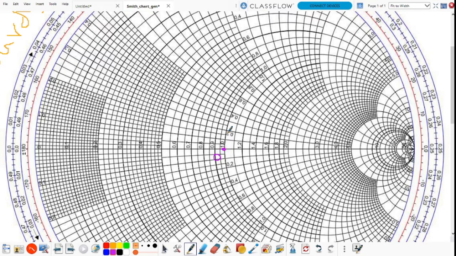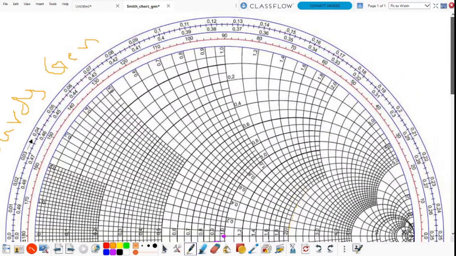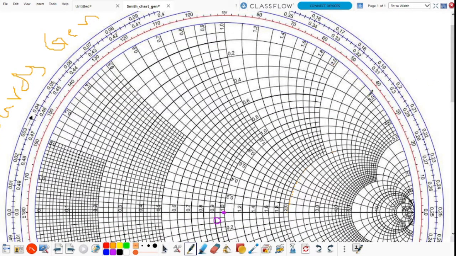The normalized load impedance z_r is equal to 2 plus j2.42. R equal to 2 is this constant circle, and the reactance value is 2.42, approximately between 2.4 and 2.6.